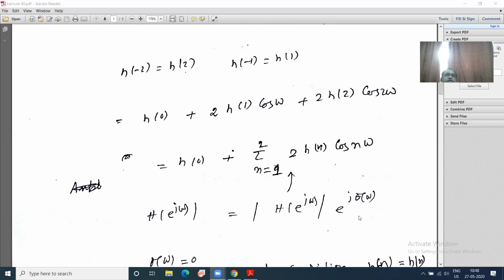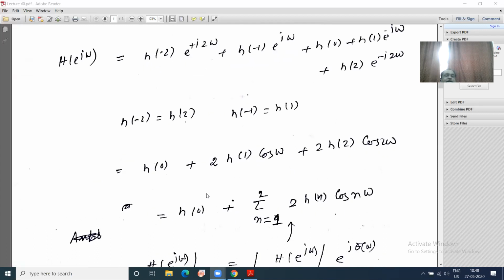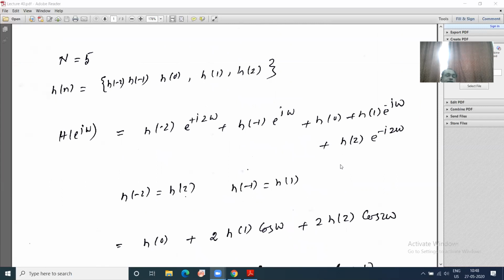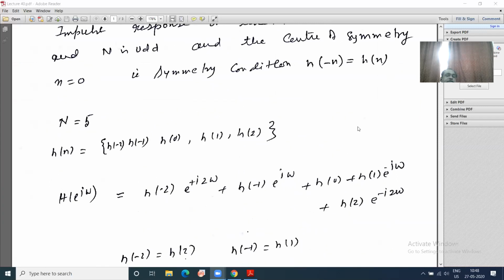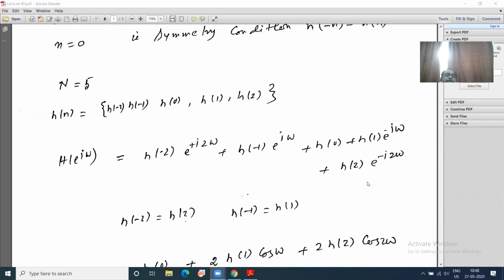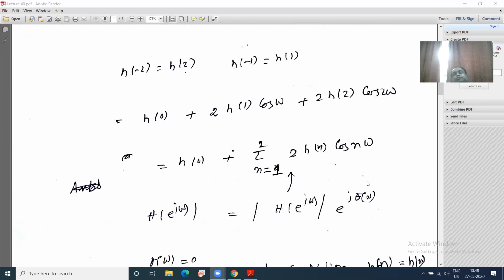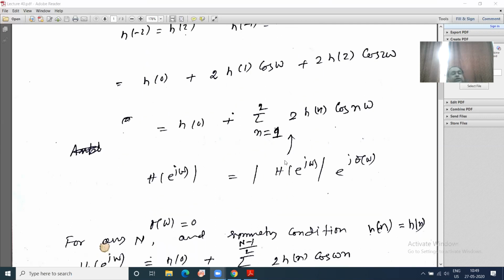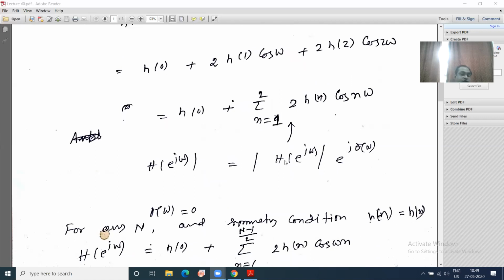Phase consideration is not required for such a kind of symmetry. If the symmetry is about the origin, then you need not consider the phase, because the phase is 0 and e to the power 0 means it is 1. So the only thing you have to design is the magnitude of the transfer function, and this magnitude equals h0 plus the sum for n equal to 1 to 2 of 2hn cos n omega. All right, so the phase is equal to 0. This is one important aspect.